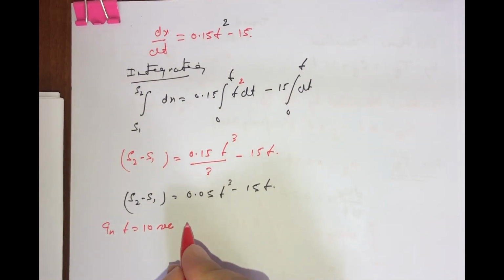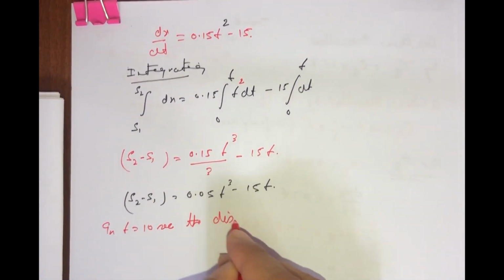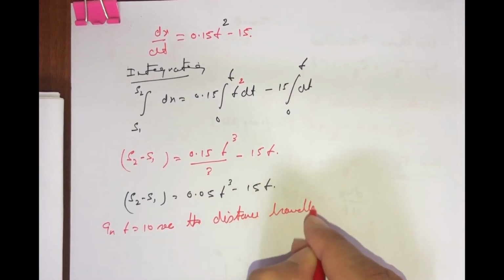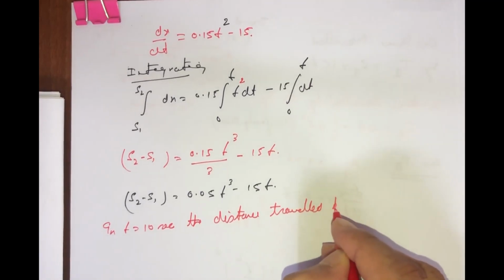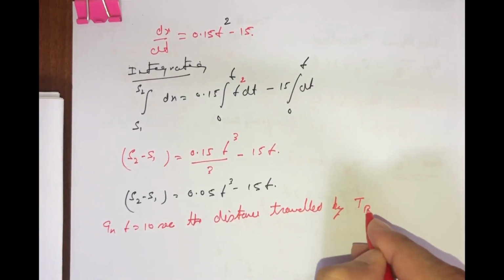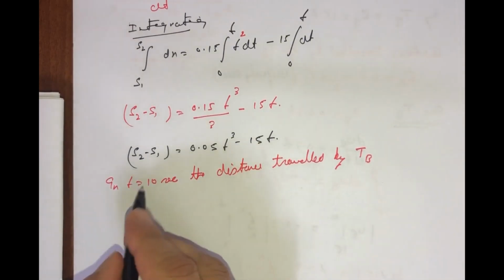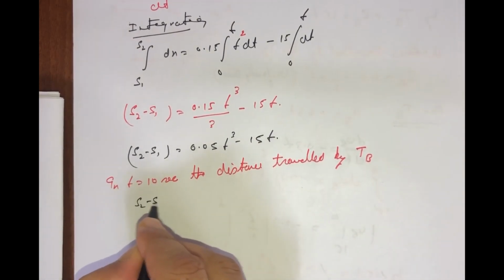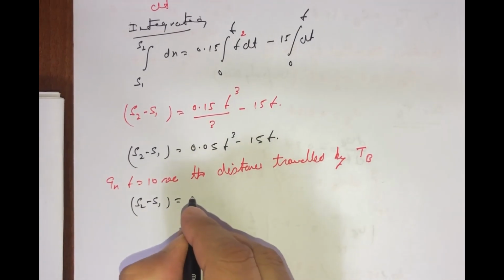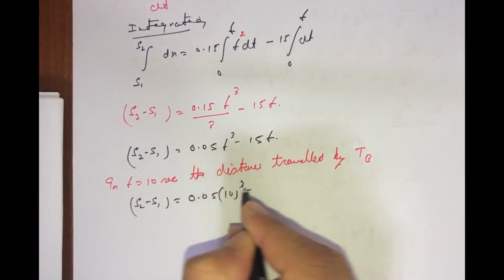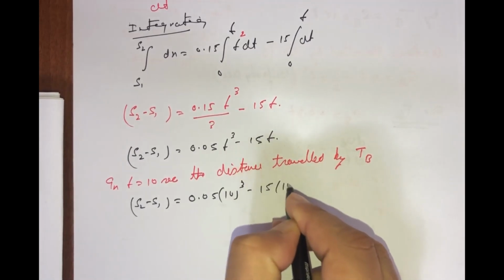The distance traveled by train B will be s2 minus s1, 0.05 times 10 cube minus 15 into 10.